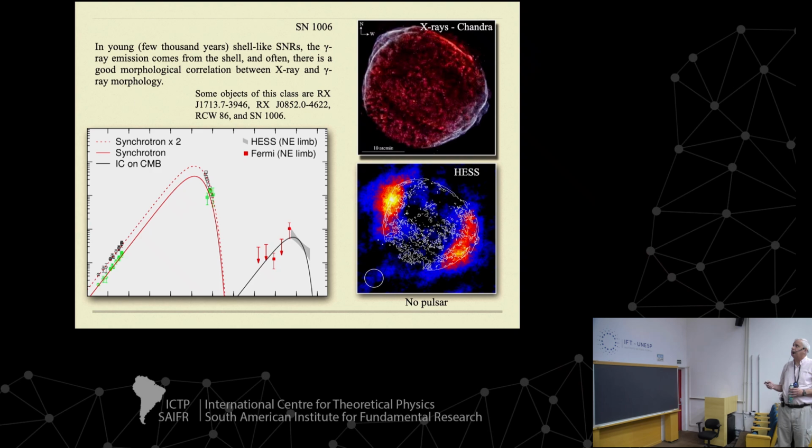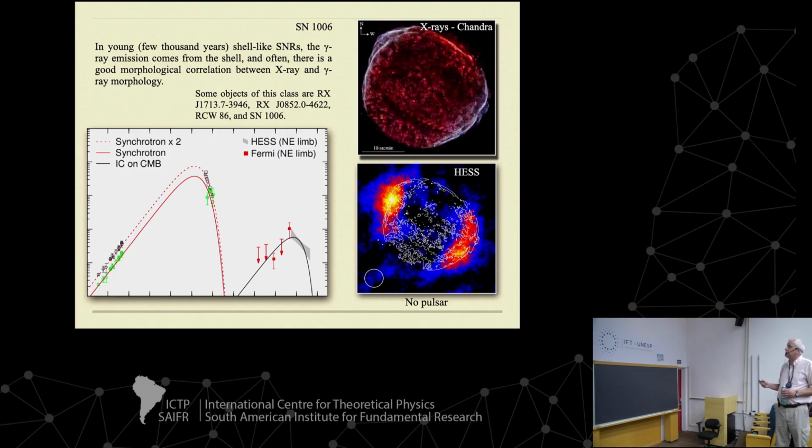There is no pulsar observed. Perhaps the pulsar escaped, or perhaps this was the result of a type 1 supernova, where the white dwarf was completely destroyed by the explosion and no solid remnant was left behind. And this is what is observed by Chandra in X-rays with high resolution.